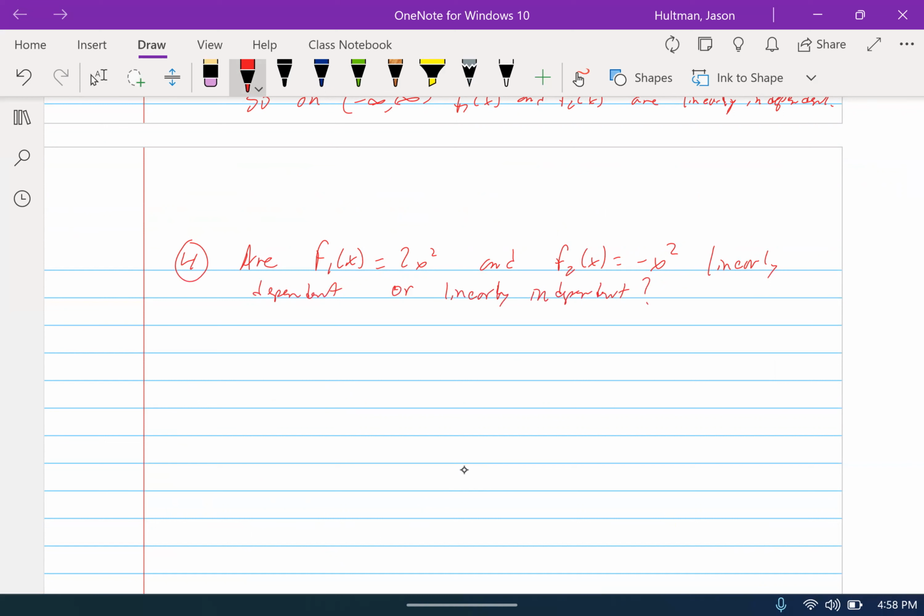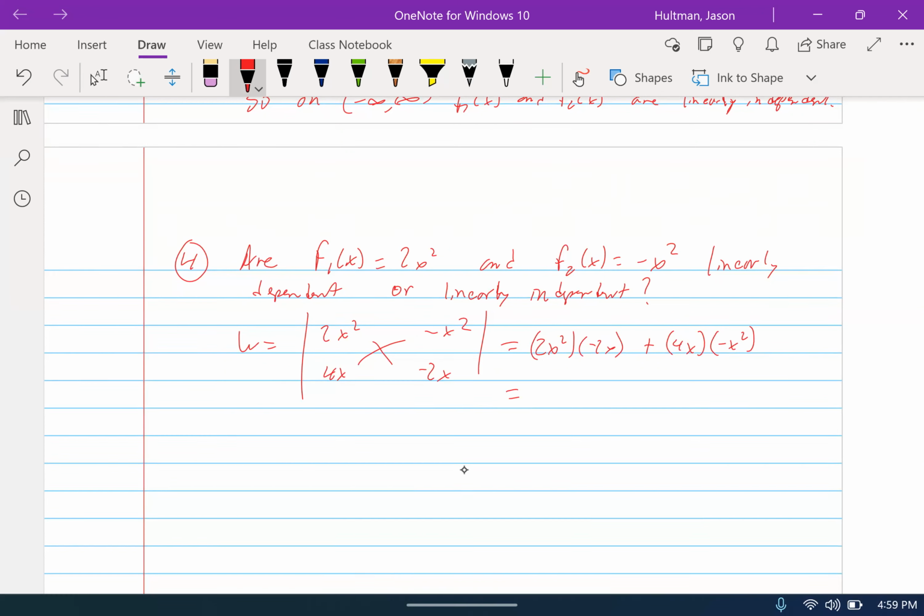Well, let's try the Wronskian. The Wronskian for this is 2x squared and negative x squared. Take the derivatives and I get 4x and negative 2x. Again, I'm going to find the determinant by finding my cross products. So we get 2x squared times negative 2x, minus 4x times negative x squared.